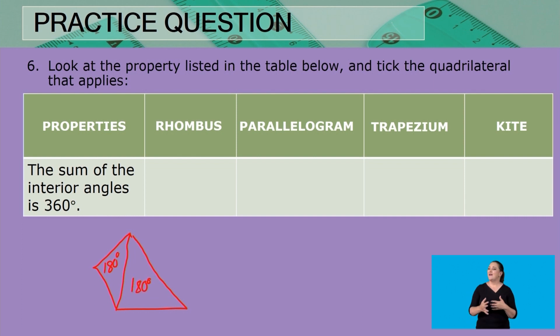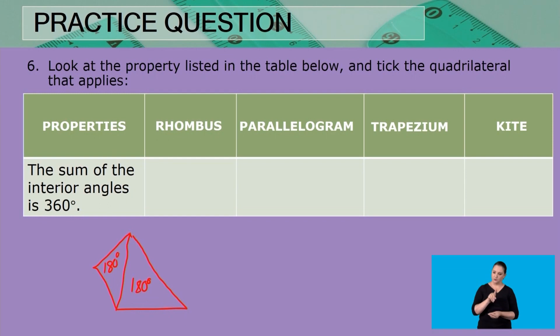So now, any diagonal of a quadrilateral will split the quadrilateral into two triangles. And if each triangle has interior angles equal to 180 degrees, this means that together the interior angles of any quadrilateral will be equal to 180 plus 180 degrees, which will give us 360 degrees.